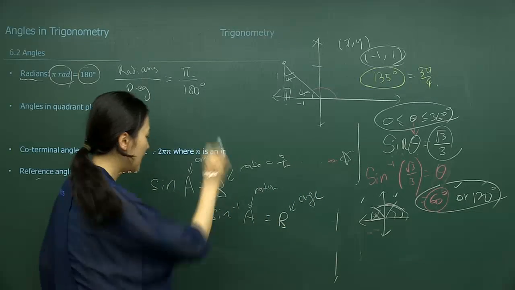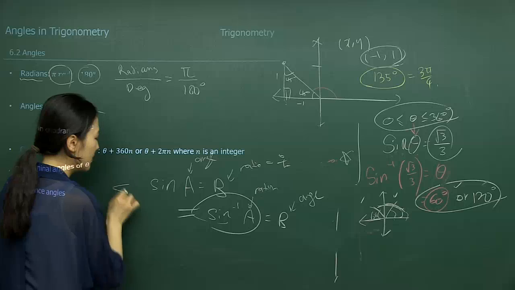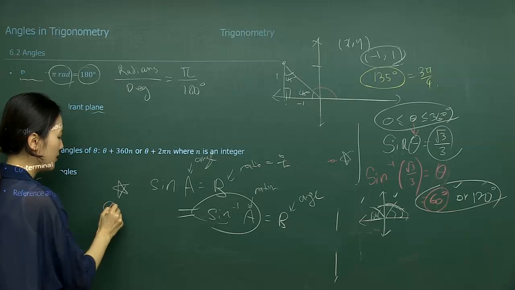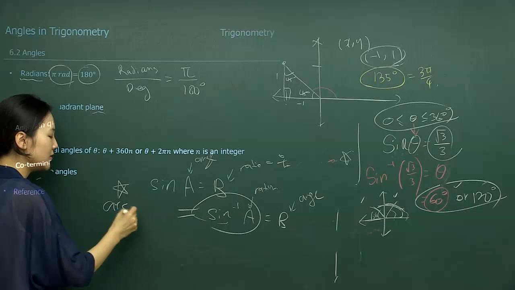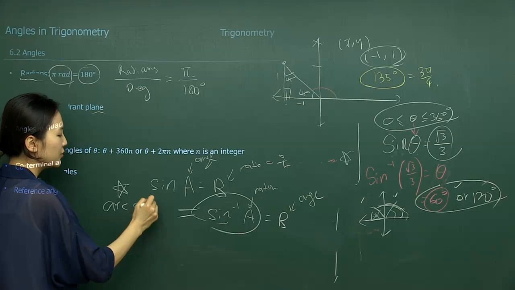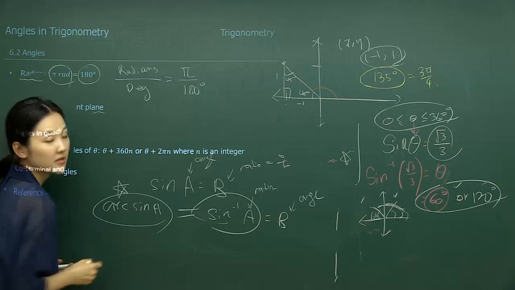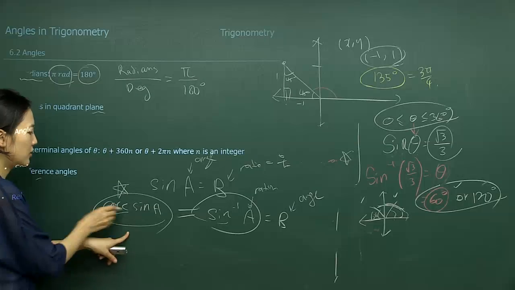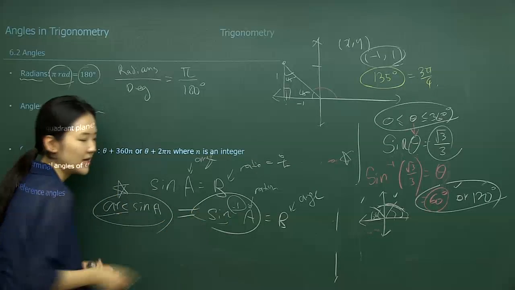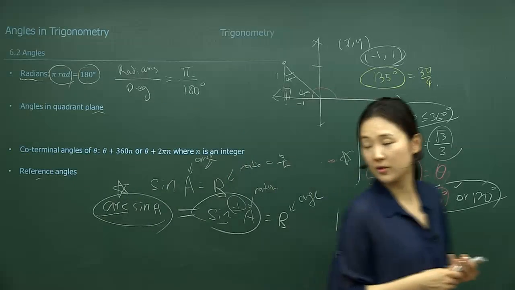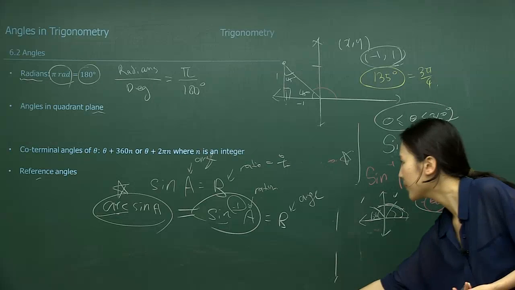Simple, right? As well as this arc. Sometimes they use arc in order to mean inverse. Okay? So when you see arc, don't panic. It just replaces the inverse part of the ratio.